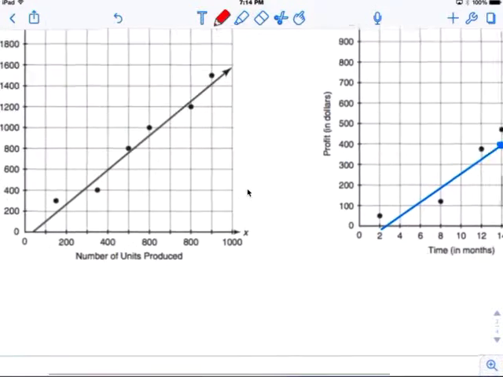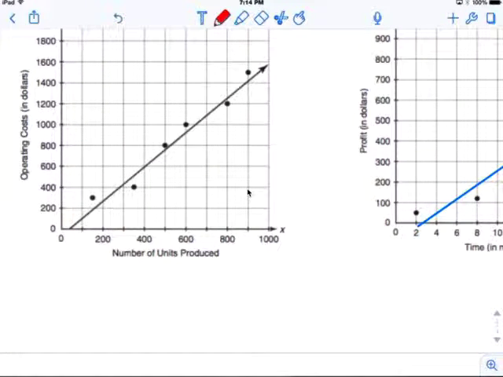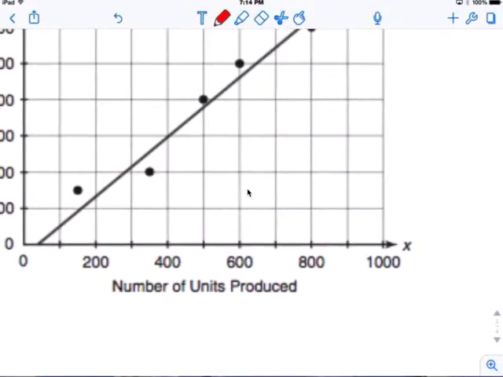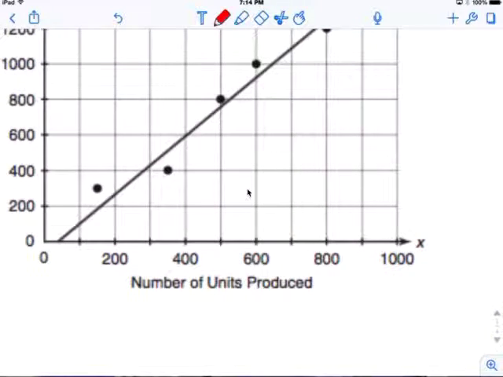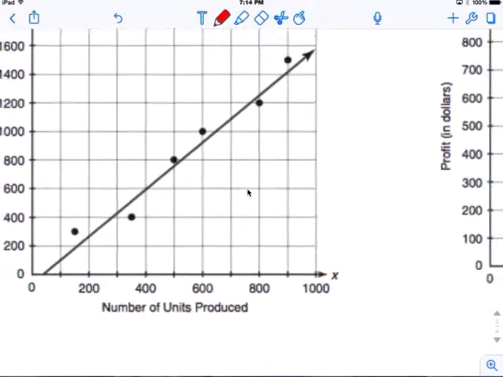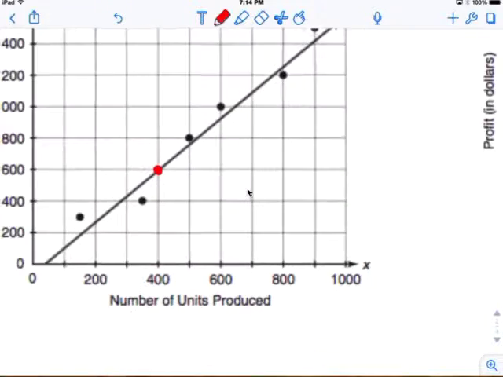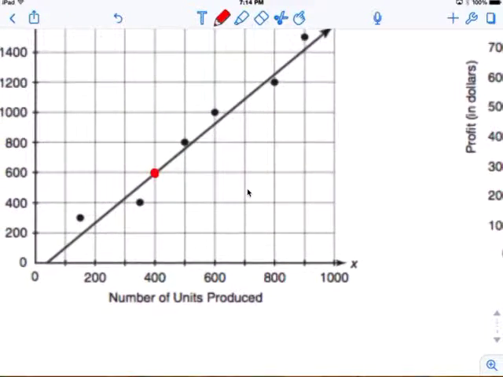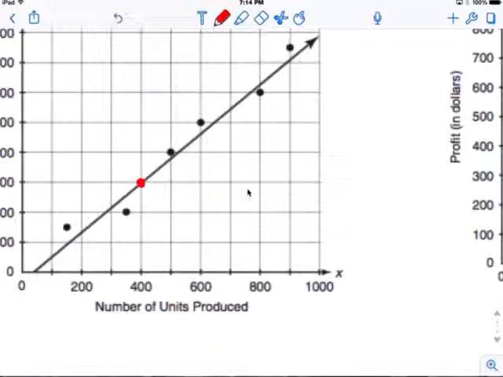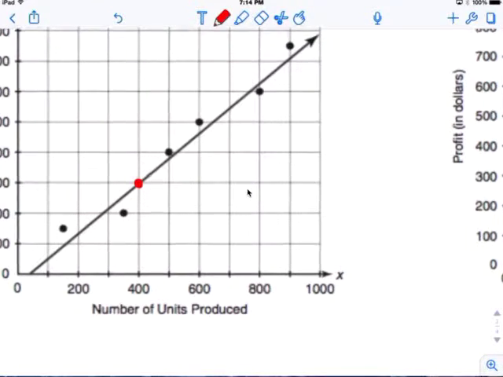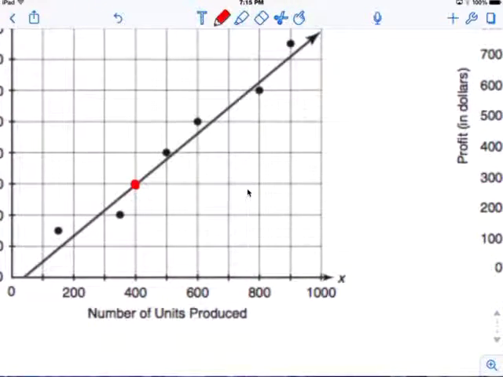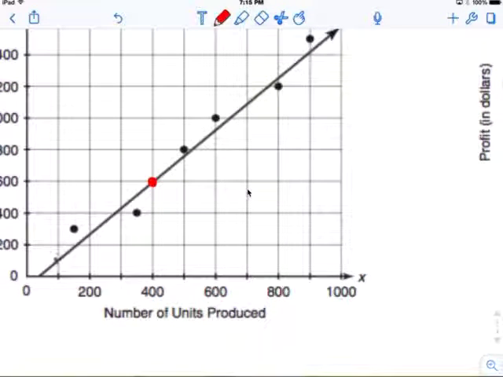So let's say we do this one. This one's already there, so there's no y-intercept. Some of you are insisting here, and I'd probably choose here.